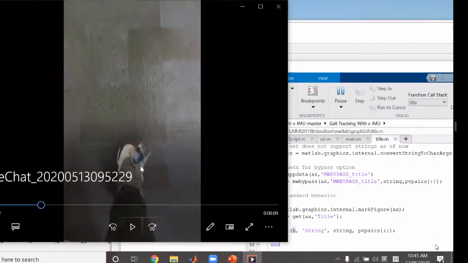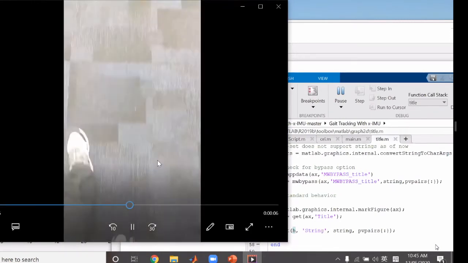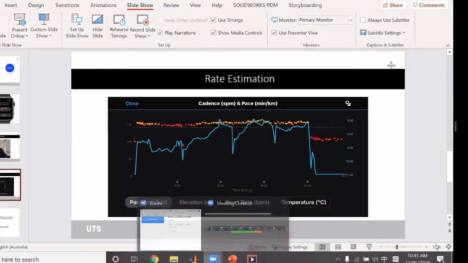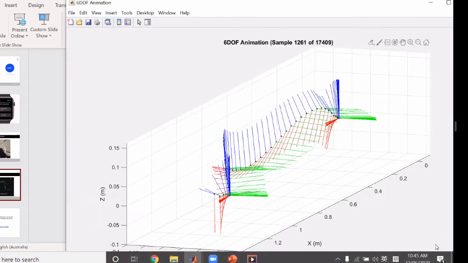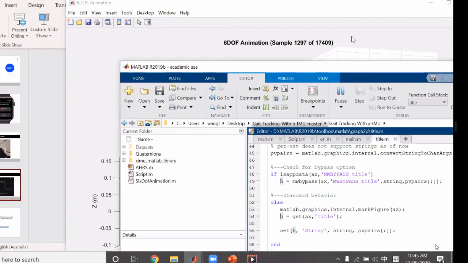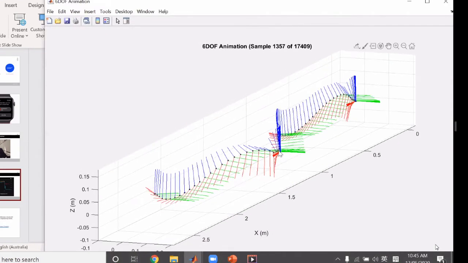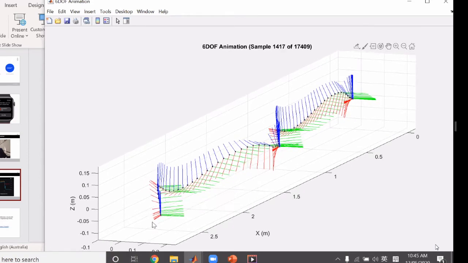I taped the little device on my foot, and I walked for several steps, and MATLAB can tell me how I walk.